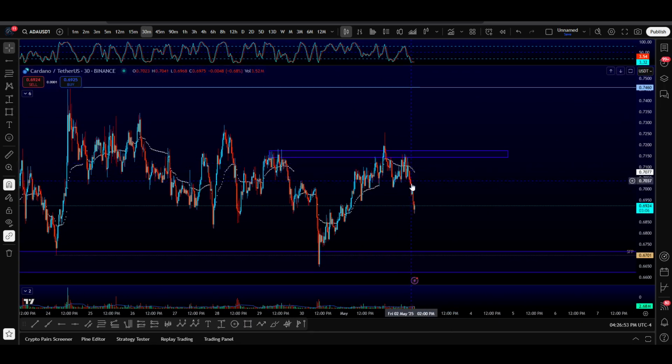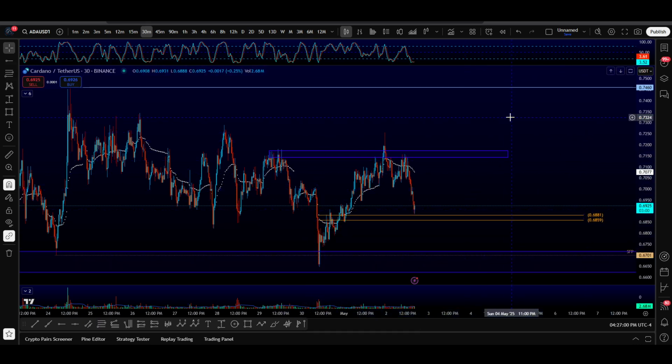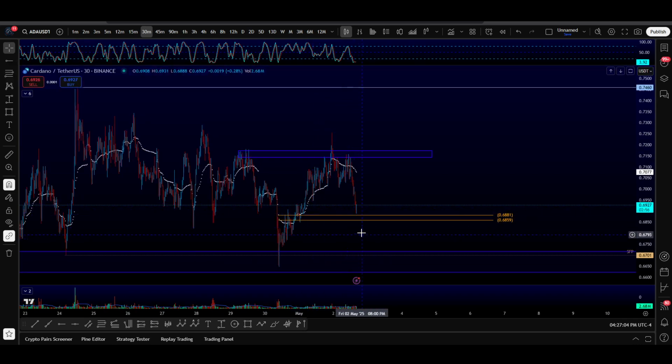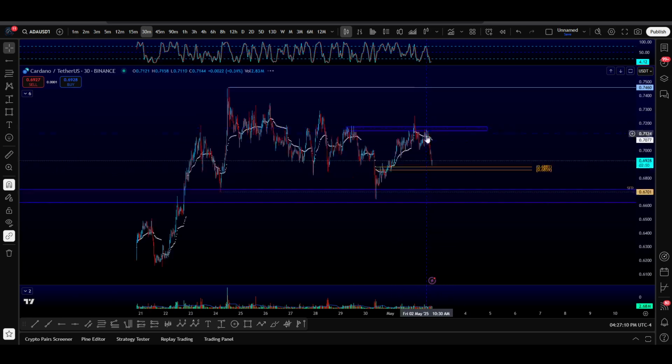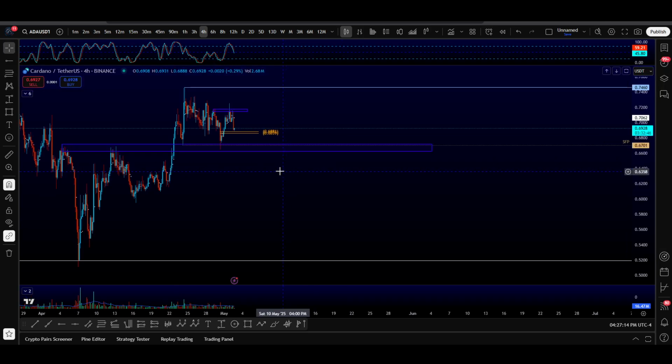Price has rejected from those highs, and now it's just trying to find a higher low if it wants to continue this local bullish structure. We have this golden pocket sitting at around 68 cents. So it would be nice to see it hold this level. And if it does hold this level, I do expect it to continue to at least try to get up to these local highs right here, right?